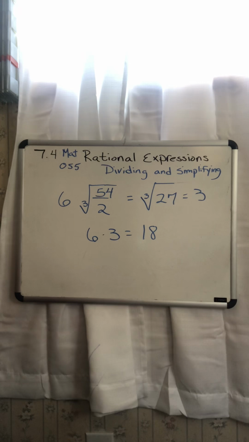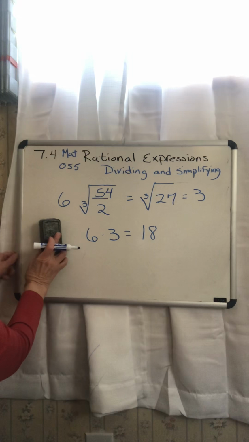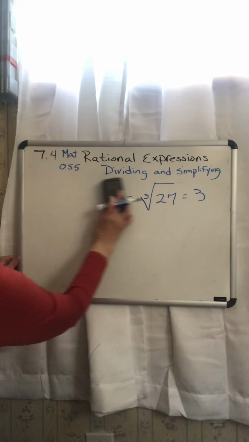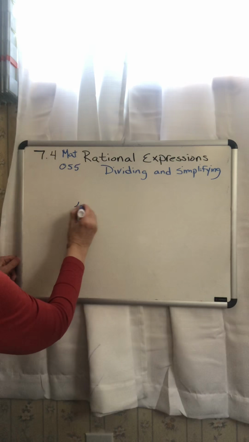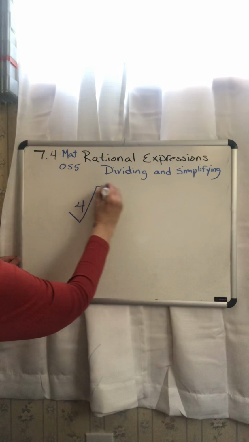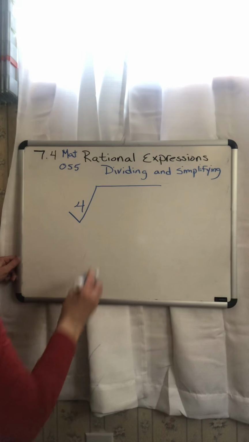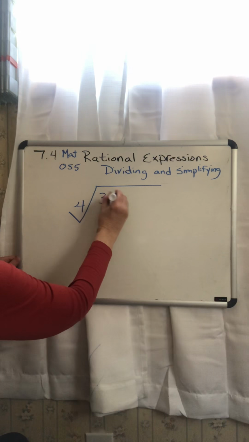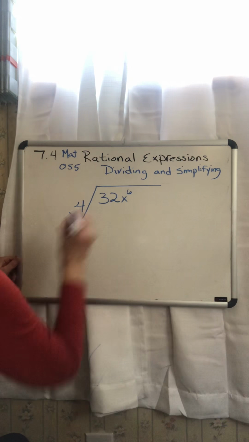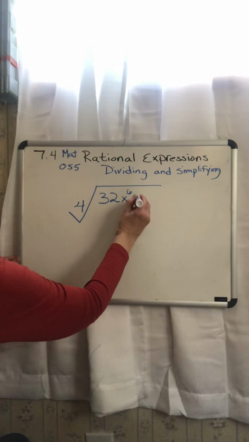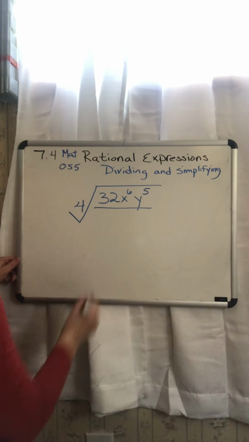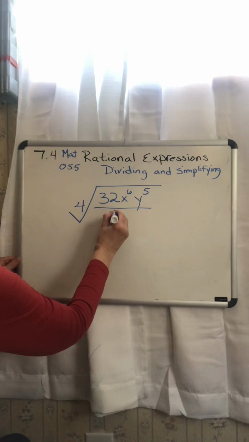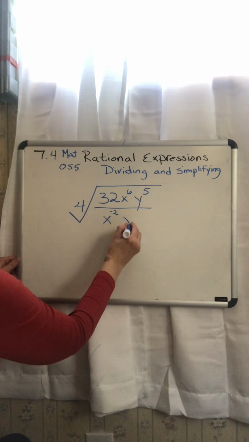Okay, we're all ready for example 5. So example 5 is a fourth root, and we have 32x to the 6th y to the 5th, and that's over x to the negative 2 and y squared.